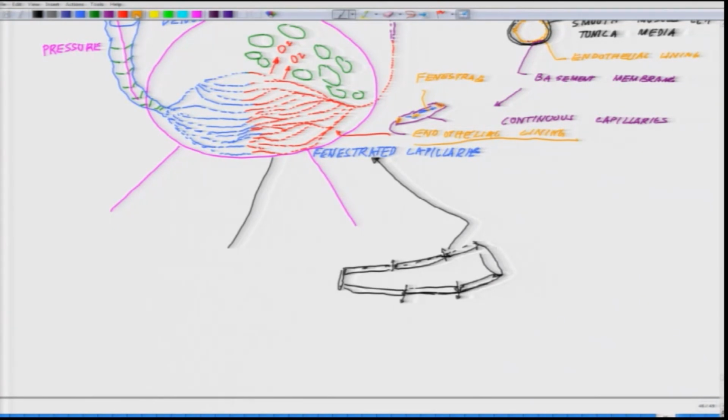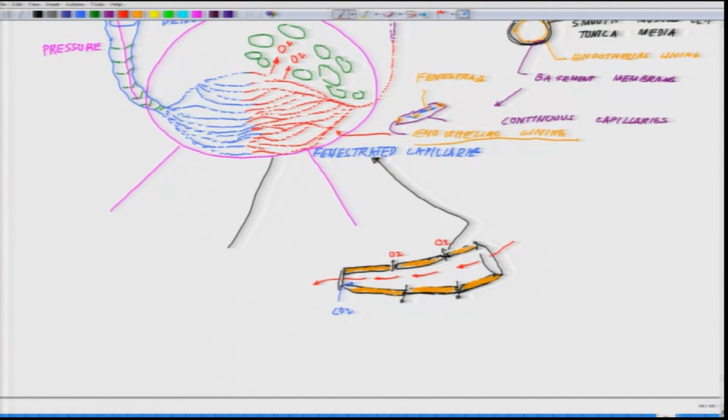And going by the color code, these are the endothelial lining, and the blood flows through this tube, and this is where the exchange of oxygen and collection of carbon dioxide takes place.